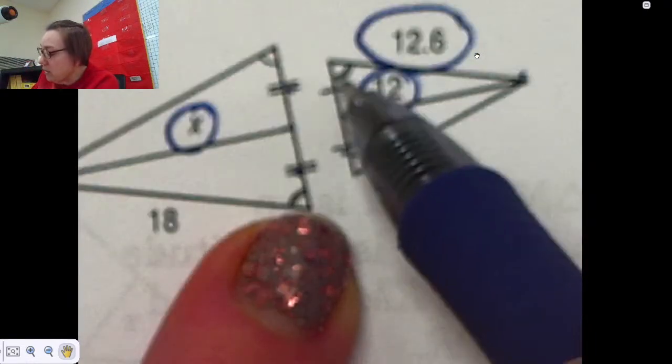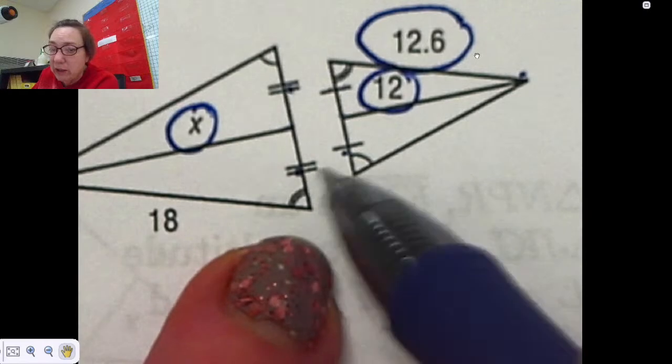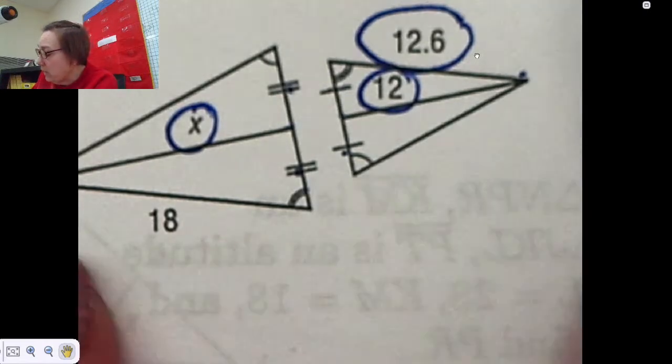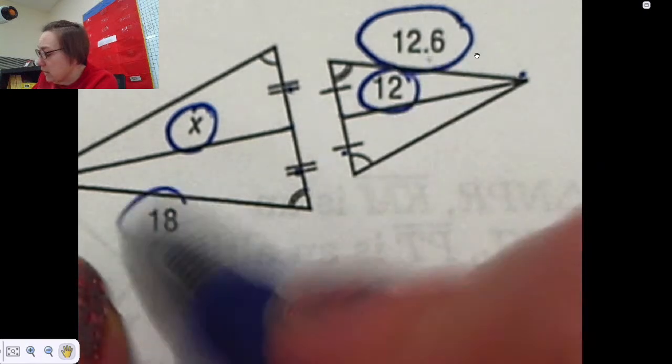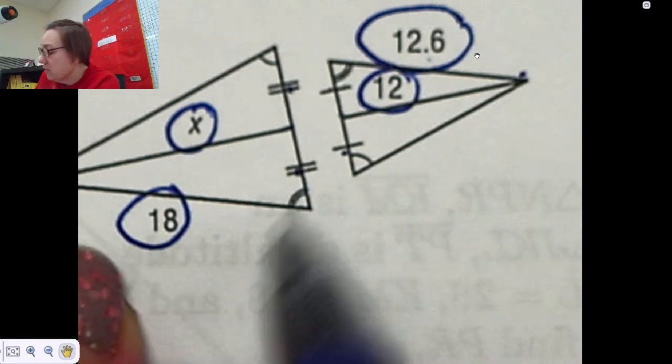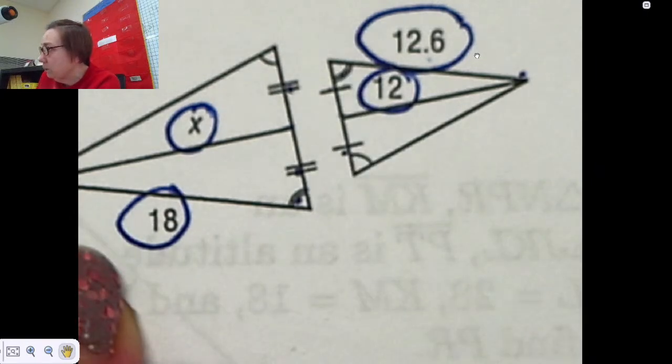Notice how this angle has 2 lines and this angle over here has 2 lines. Y'all notice that? That means that side 12.6 and this side 18 are corresponding to each other because they're attached to the same sized angle. Okay?